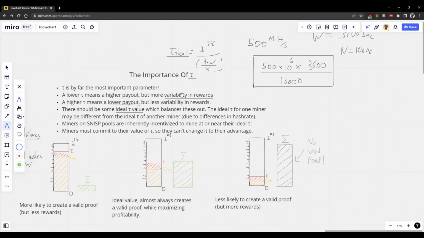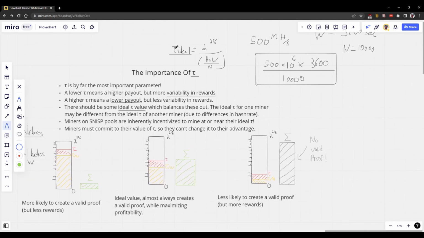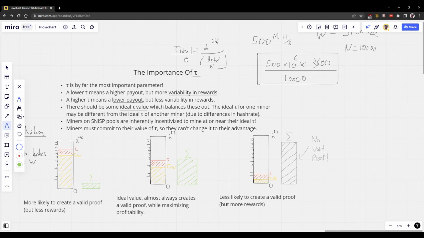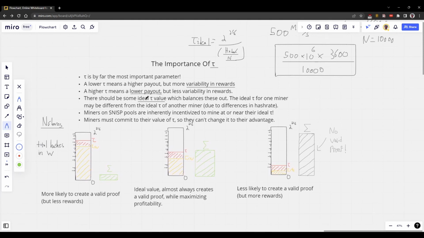So as you can see, there is some ideal TAW value for each miner with a given hash rate. And because n and w are going to be the same for all miners on the pool, you can easily calculate your ideal TAW. Now, the goal of the ideal TAW value is to balance out the higher payout and the variability in rewards.